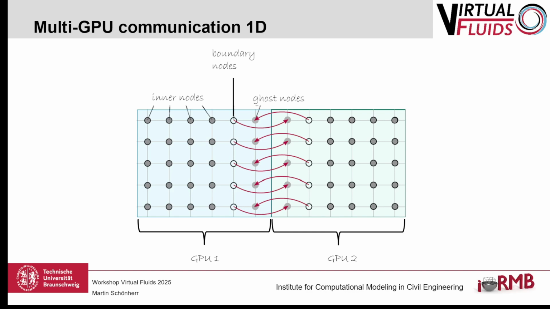Maybe abstractly you can talk about distributed memory. I don't know if we should do a lecture about distributed memory, but to say it simply, we have one memory on one GPU and the other memory on the other GPU.